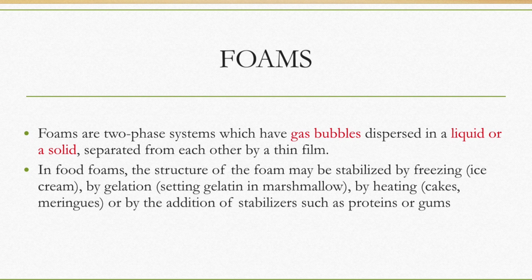When a foam is stabilized by freezing, we get ice cream. When it is stabilized by gelation, for example while setting gelatin in marshmallow, or when we stabilize the foam by heating, that process is applicable while making cakes.